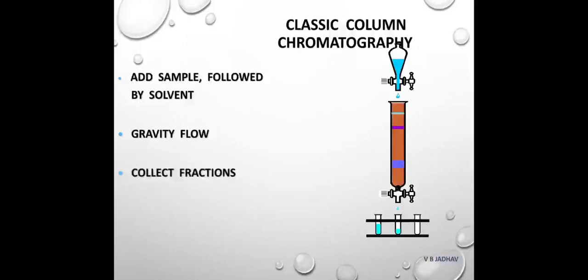Then the separated constituents are collected as fractions in different glass tubes, and these collected fractions are analyzed by an offline technique. So this is the basic of column chromatography.